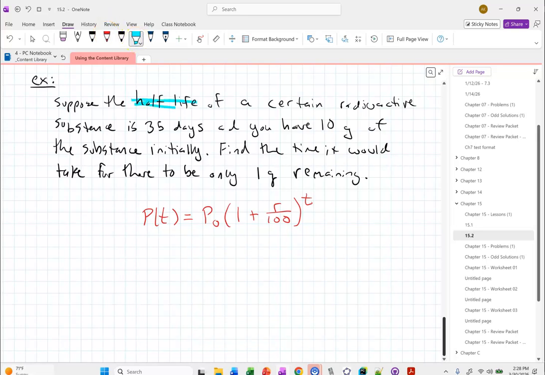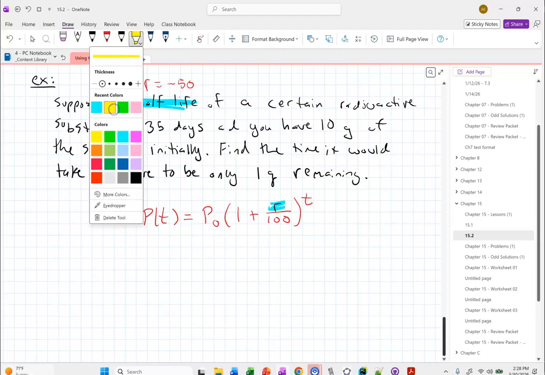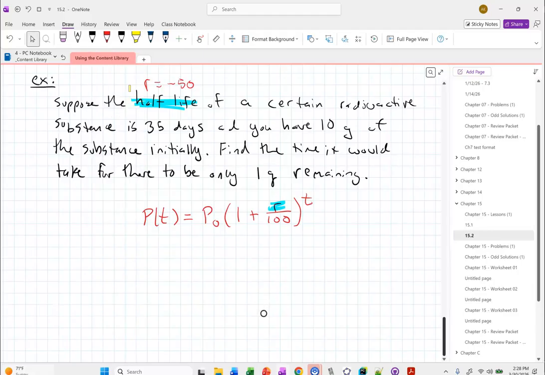When I hear the word half-life, I know this means that R is negative 50. And when I hear the word initial, I know that that's P of naught. So I can plug these in.